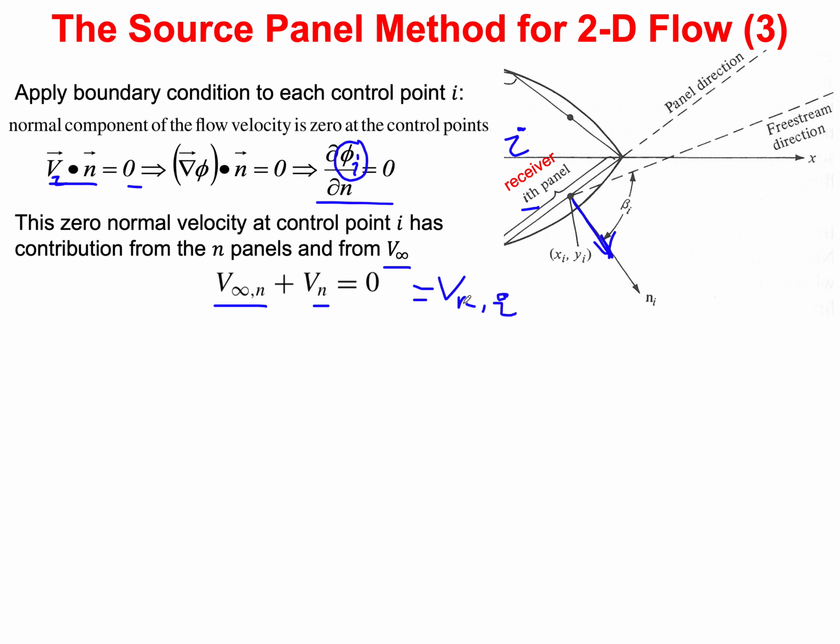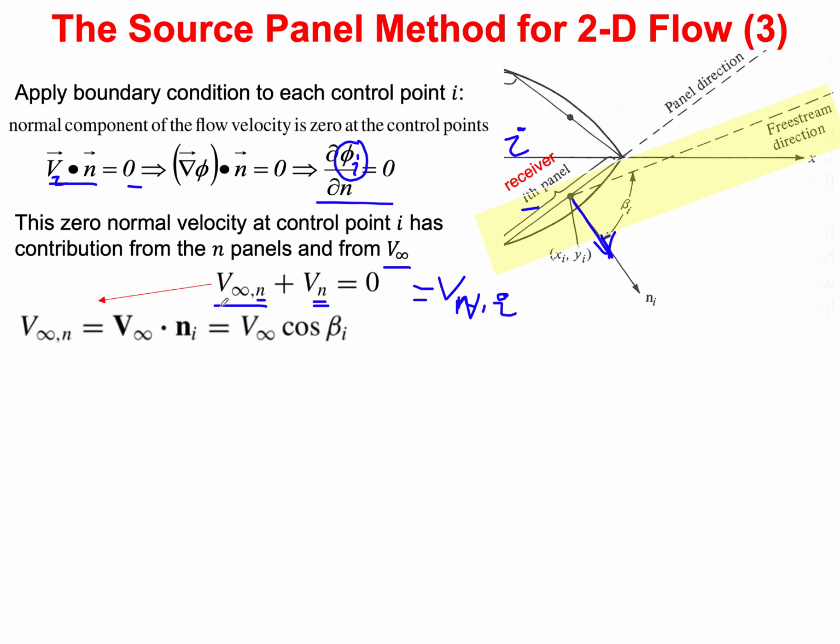Here I should use a capital N to mean normal. The small n refers to the number of panels, the contribution of each one of the n panels, and the contribution of the v infinity in the normal direction. So the normal contribution of the n panels, if you will, so as not to confuse you too much here.